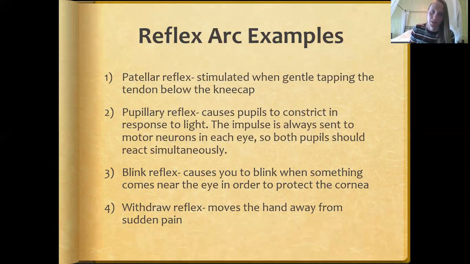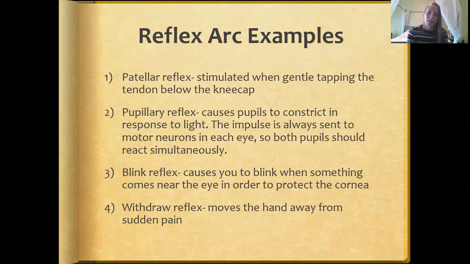I'm sure you are all familiar with that, but you could try it if you want. Just let your leg hang free, feel that tendon right below your kneecap, and then gently tap it with your knuckles and your leg should kick outwards. The reason that's important is because if that tendon was severed, obviously it would damage your chances of survival back in the hunter-gatherer phase, because you wouldn't be able to hunt or gather.